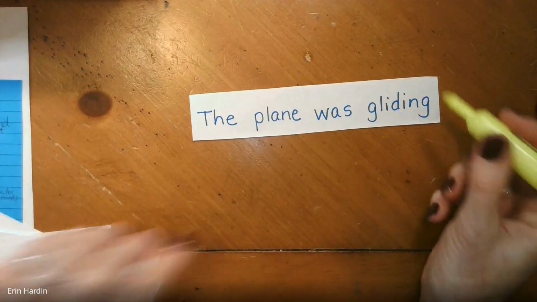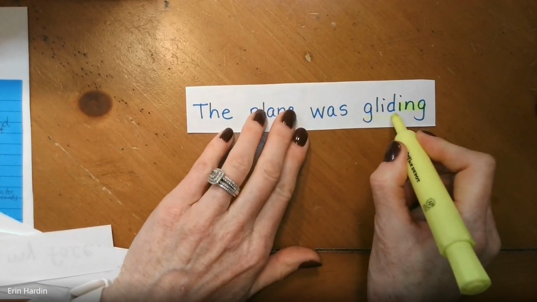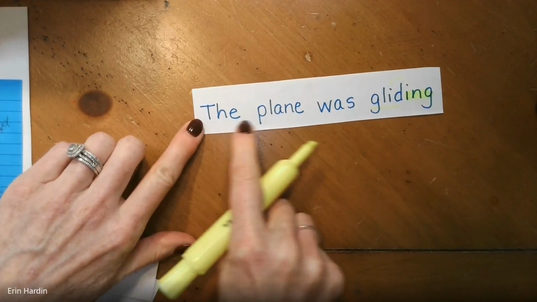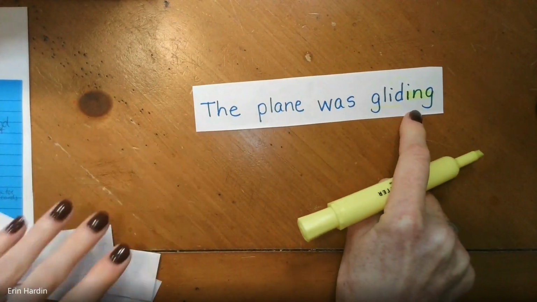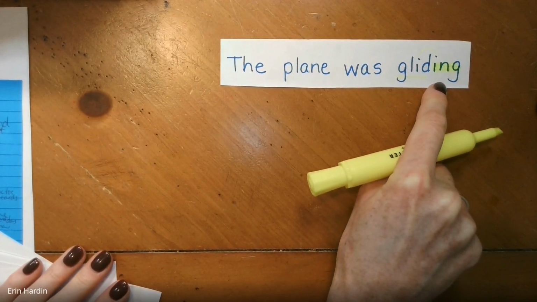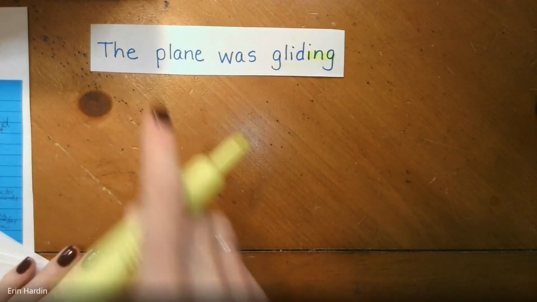And so they would go through, and here's the ing suffix. And then they can underline that base word and read that word, gliding. And then they can read the plane was gliding. They're going to decide if that is the first part of the sentence or the ending part. And we see a capital letter, so that's going to be the first part of the sentence.